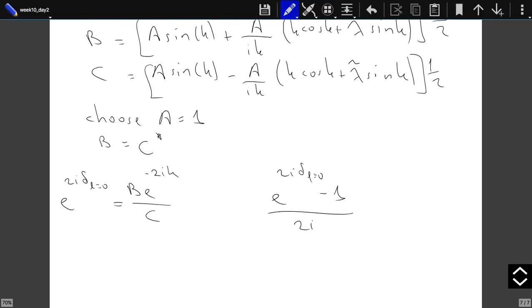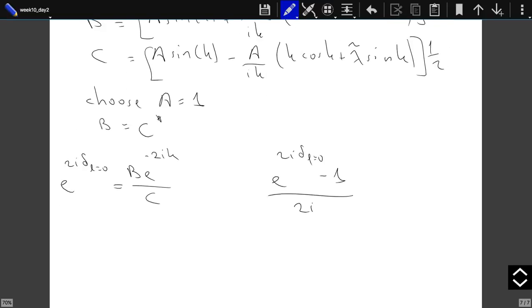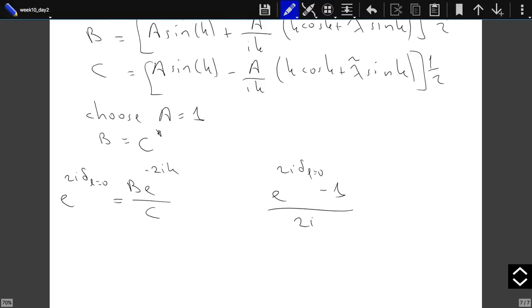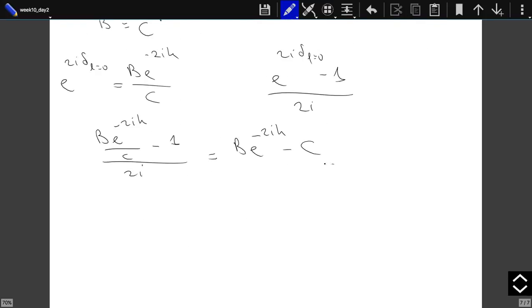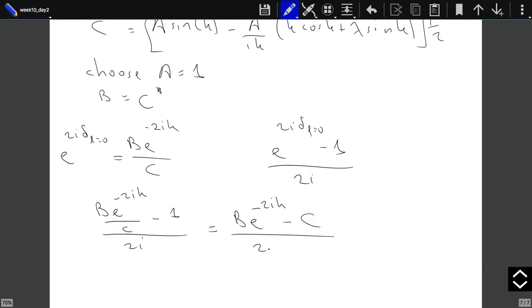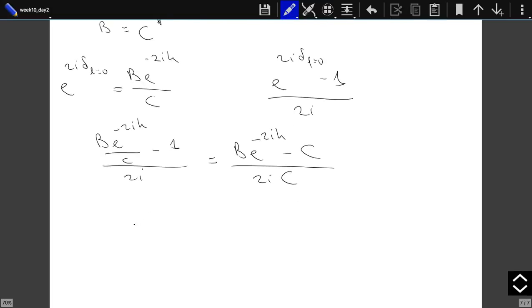Now what we have here is, okay, so e to the power 2i delta L0 is b over c, b times e to the power minus 2ik over c minus 1 over 2i, or b times e to the power minus 2ik minus c over 2i c. Let me rewrite this in this form: b over lambda tilde, e to the power minus 2ik minus c over lambda tilde, over 2i c over lambda tilde.